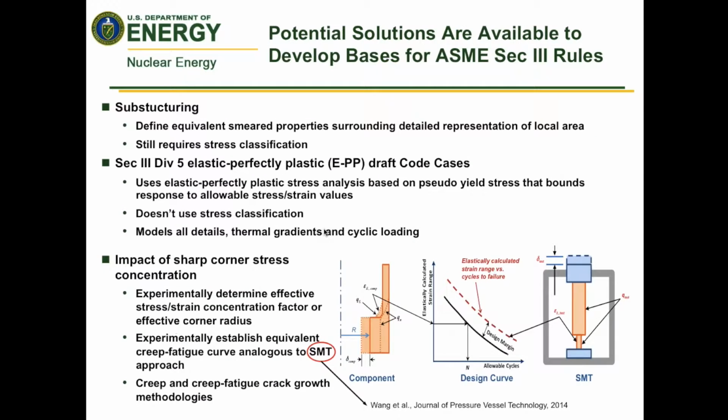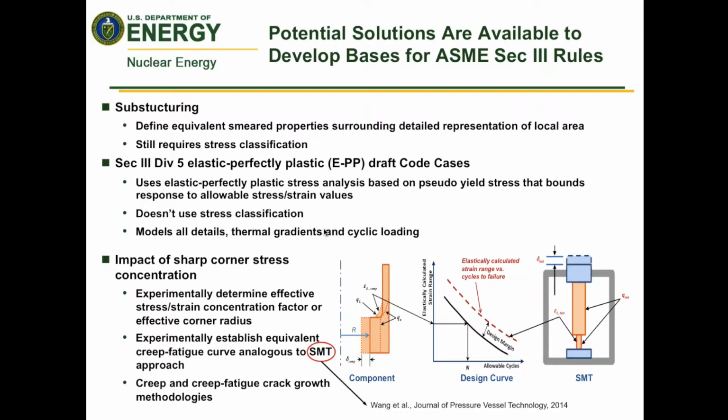So how do we get from where we are to where we need to go? Well, there are some potential solution methods that are available. It's possible perhaps to use substructuring, sort of a smearing approach to get equivalent properties that approximate the detailed representation that's needed, but this is still going to require stress classification.